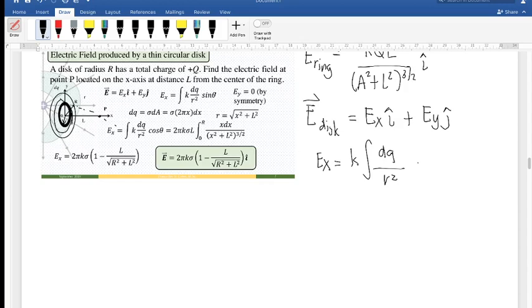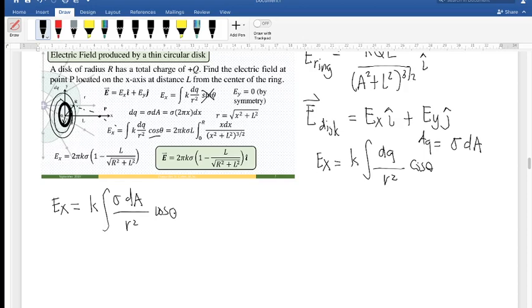So actually this is not sin theta again, this is cosine theta based on our ring of charge. So Ex is actually equal to k, and since we are talking about surface charge, your dq can be equal to sigma dA. So we can take that as sigma dA over r squared cosine of theta.